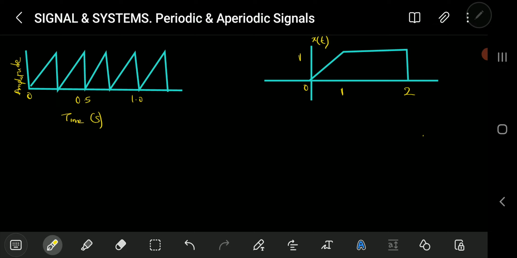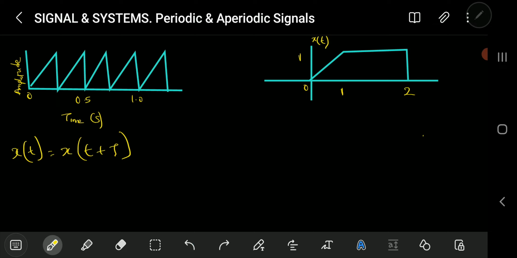That means if you have a signal x of t, the mathematical representation of a periodic signal is x of t equals x of t plus T, where T is the period of the signal.